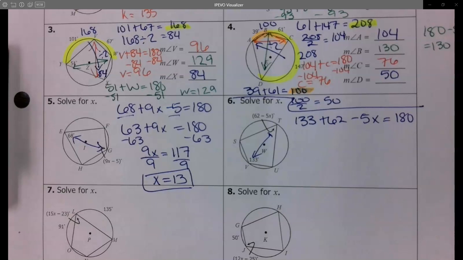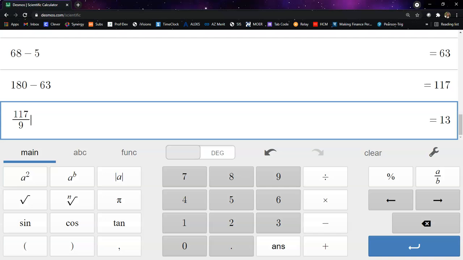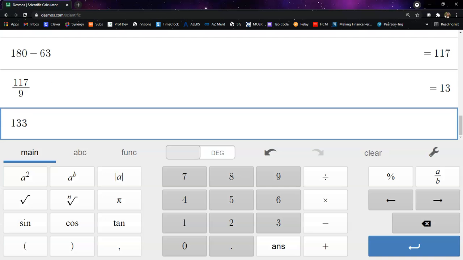Then I want to go ahead and add like terms, so I have 133 and I'm adding 62, which gets me 195.